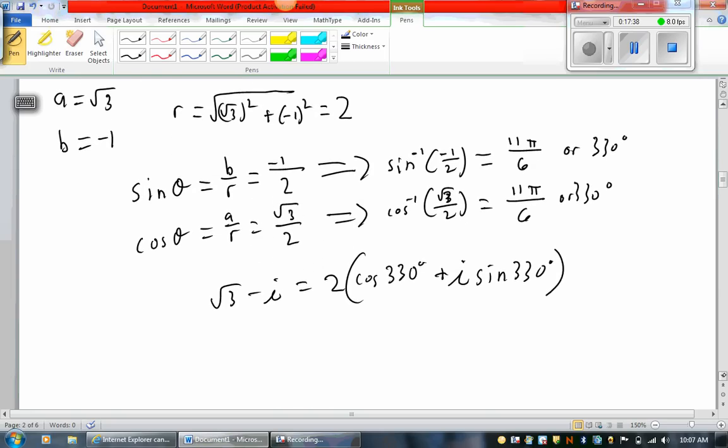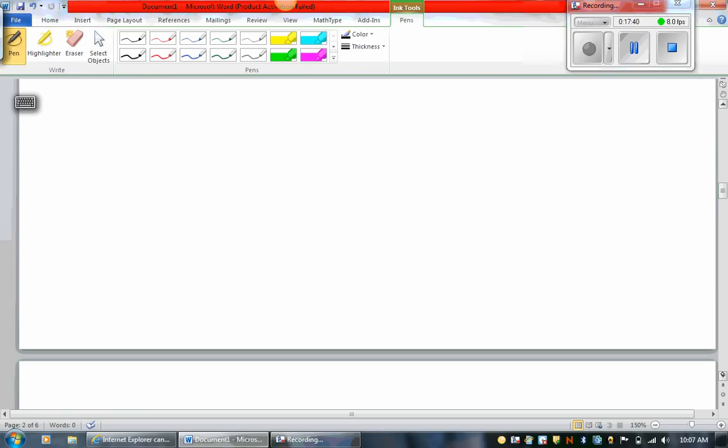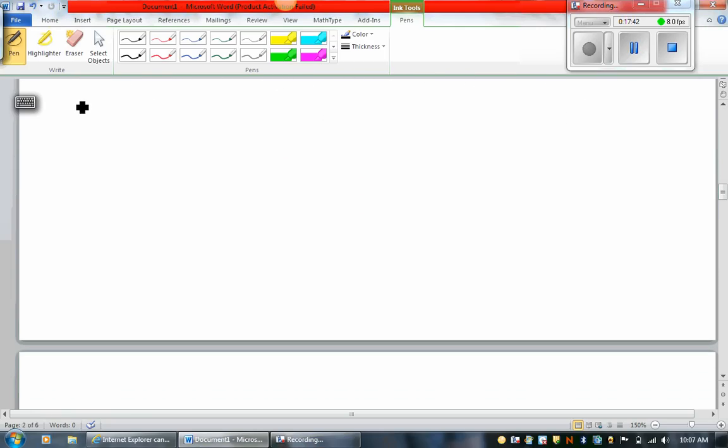Okay. To go the other way, take a look at this example where we have 2 times the cosine of 120 degrees plus i times the sine of 120 degrees. We want to write this in standard a plus bi form.